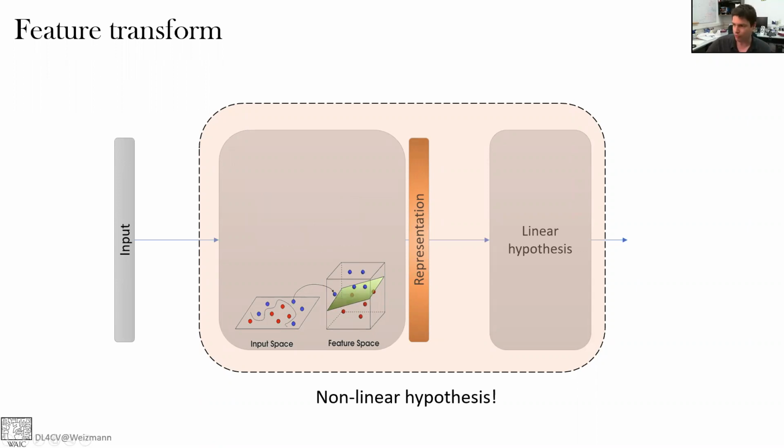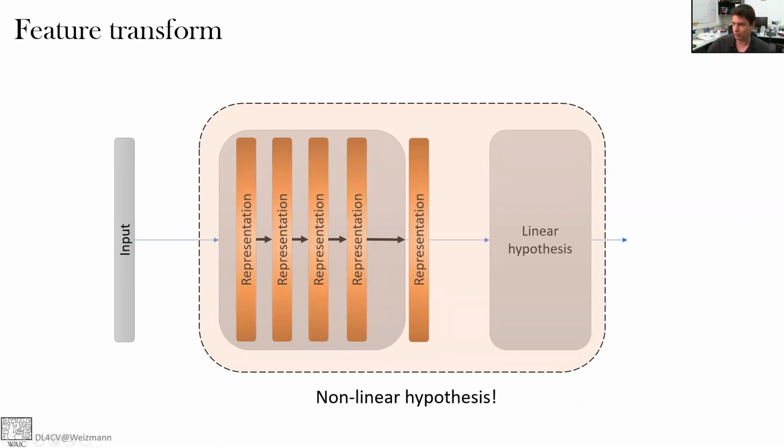Moreover, the process itself is going to be made of many representations followed one by the other. This is in many ways inspired by the human brain. These are hierarchical representations of the input until we get an almost final representation that we're going to use for the final task of classification or regression or whatever we want to do.